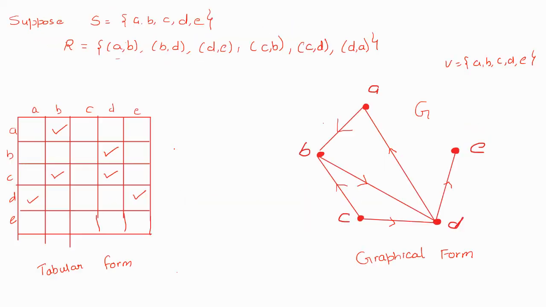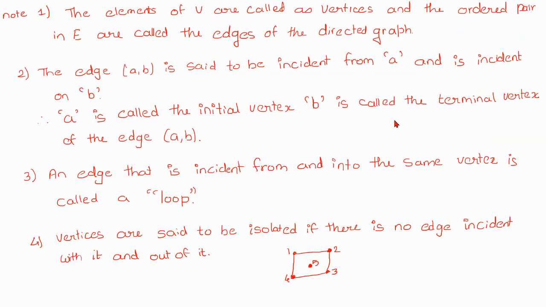Similarly, if we look at this earlier example, it is the set of all marked points: vertices A, B, C, D, and E. These are our vertices, and the arrows marked between those vertices are called edges. The elements of V are called vertices and the ordered pairs in E are called the edges of the directed graph.